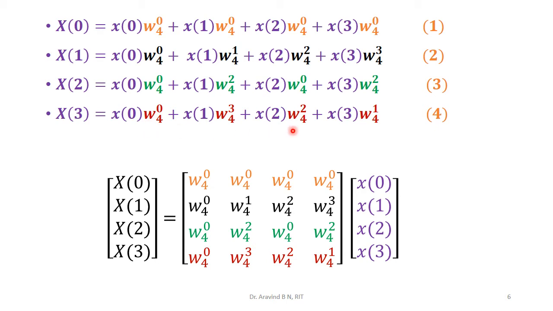The fourth row of the twiddle factor is kept as the fourth row in the matrix. And as I told you, the common thing on the right hand side is going to be the input values x of 0, x of 1, x of 2 and x of 3. That will be the column matrix we are going to have here.